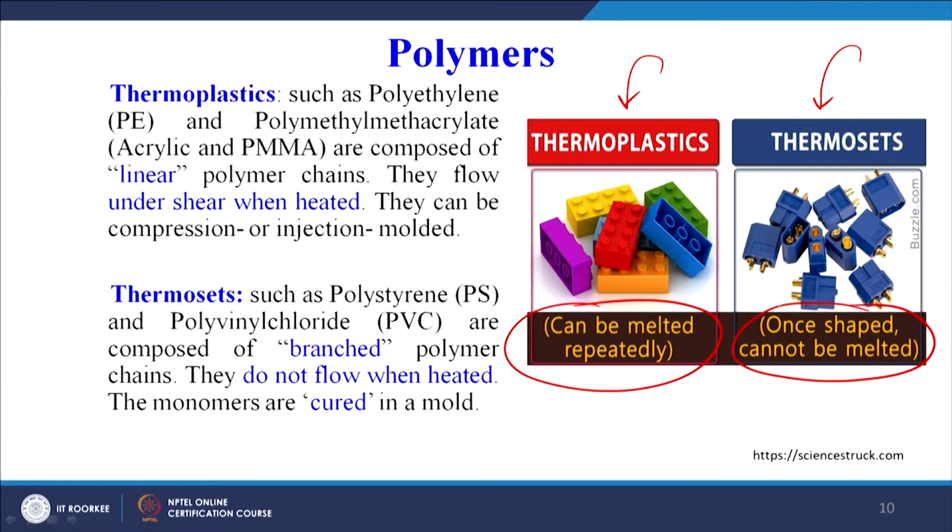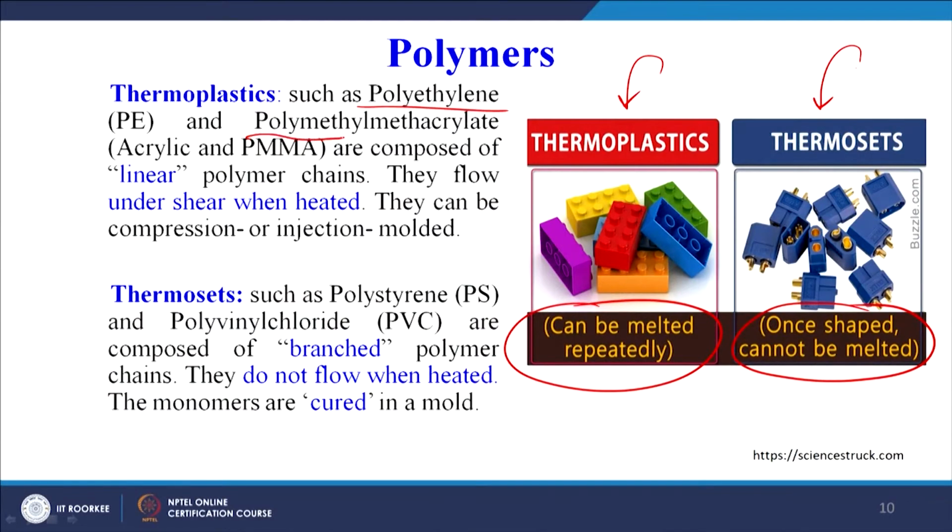We can see many of our electrical installations, the polymer we use for making shoes and electrical switches: if there is a short circuit, it will burn, it will not melt and drop down as a polymer again. So thermosets cannot be remelted or reshaped, whereas thermoplastics can be melted repeatedly.